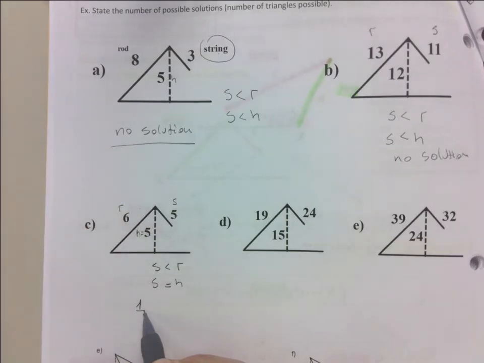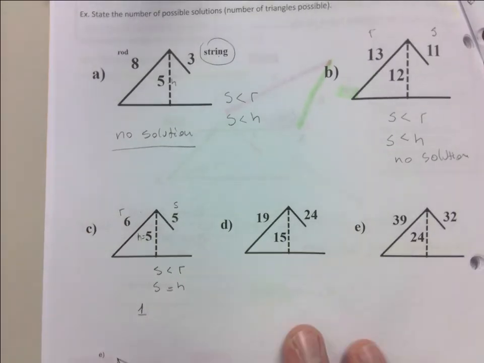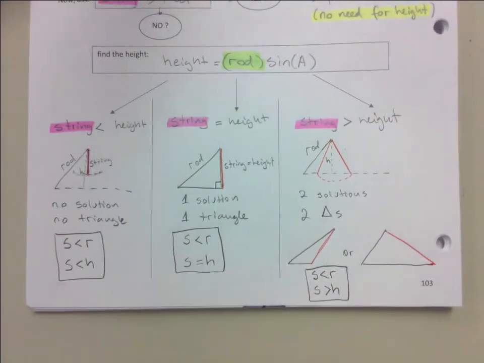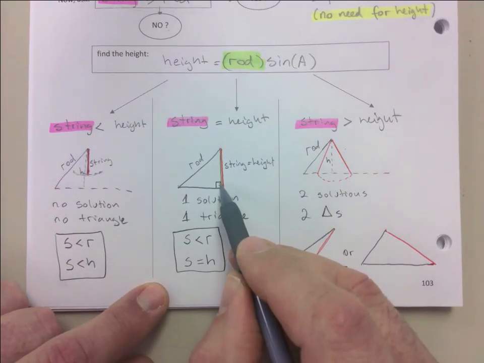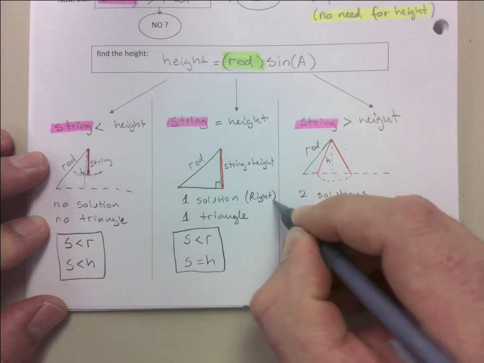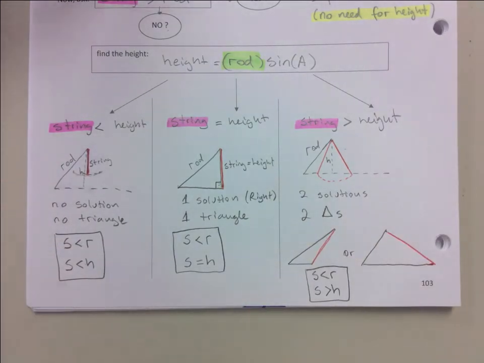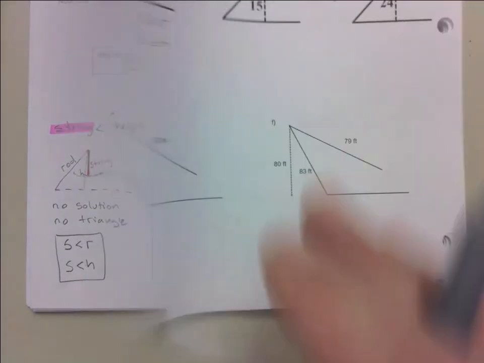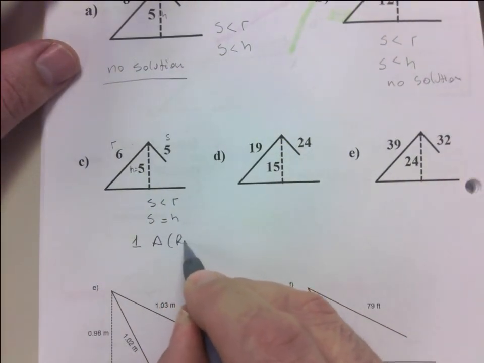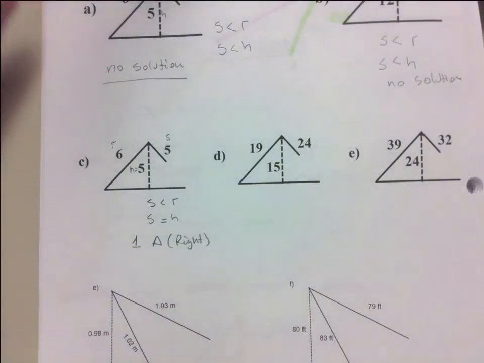What kind of a triangle do we have though here if this is a 90? Right triangle. So I will just say that it's a right triangle. Got it? So this is one triangle, and it's a right triangle, by the way, specifically.